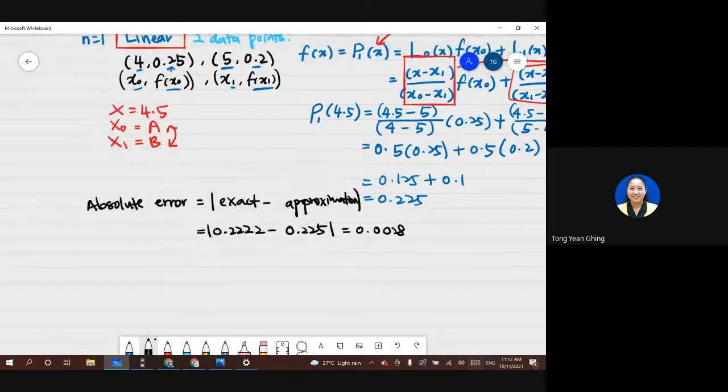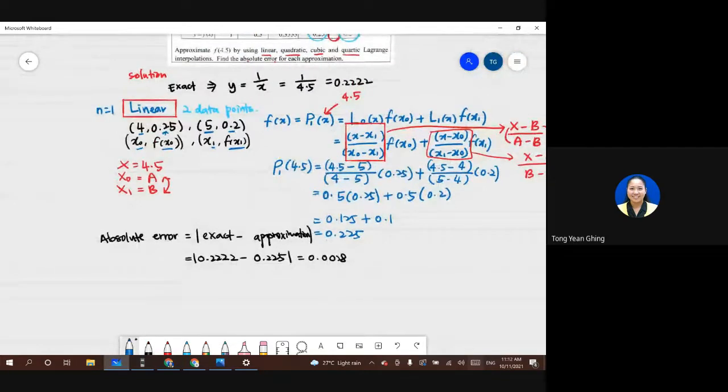Now the first one is linear, and then we change to the second one, n equal to 2, for the quadratic.